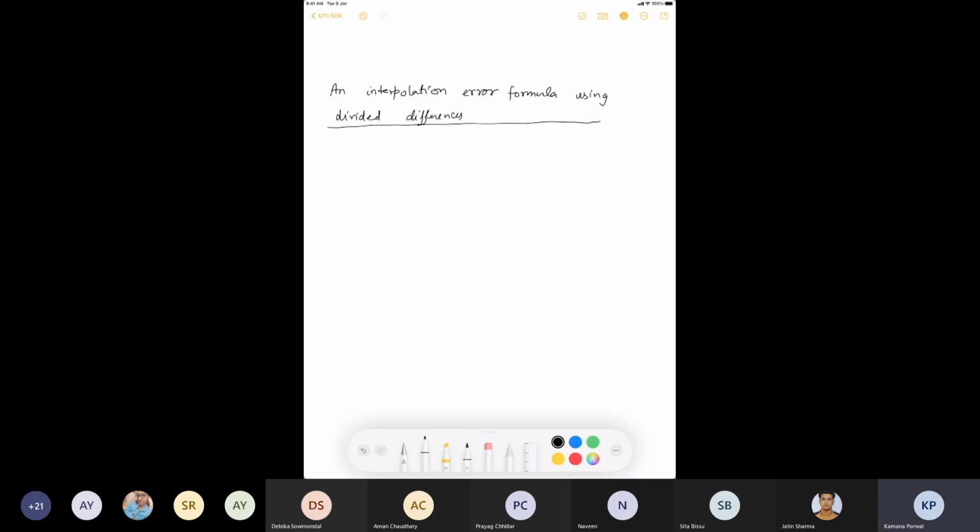So we will be given the data x0 up to xn, and we have the functional evaluation f(xi) on those data. And suppose we have to compute the error at the point t.